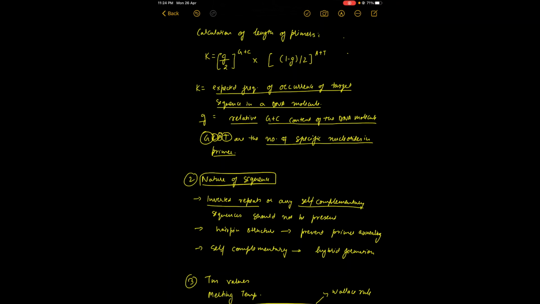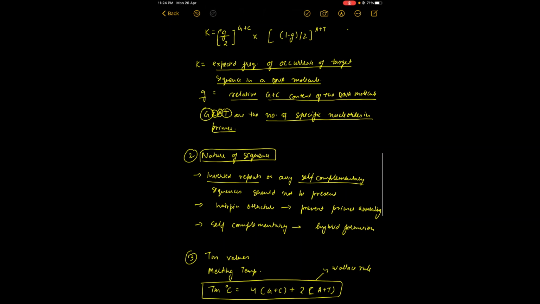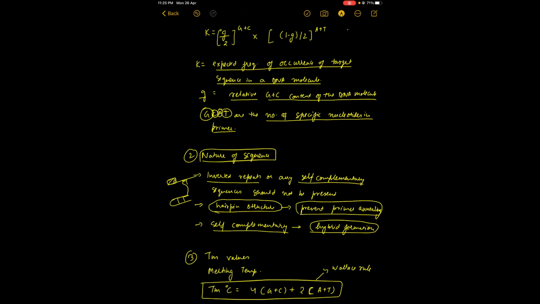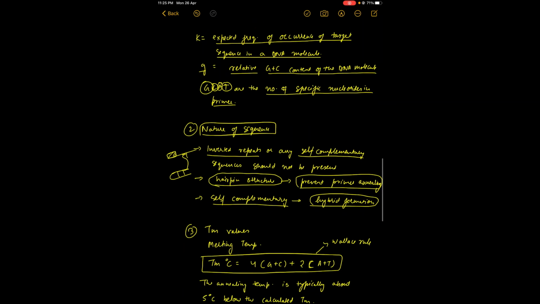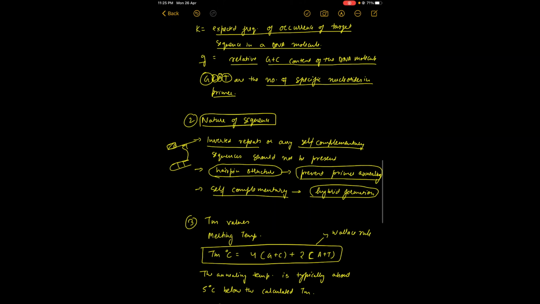If there are inverted repeats or something else, then there is the formation of a hairpin-like structure, which can prevent the primer from annealing, because if it forms a hairpin-like structure, it cannot bind to the target site. Okay, and with self-complementarity, hybrid formation will take place and it is not able to bind to the target region on the template. So this needs to be considered.